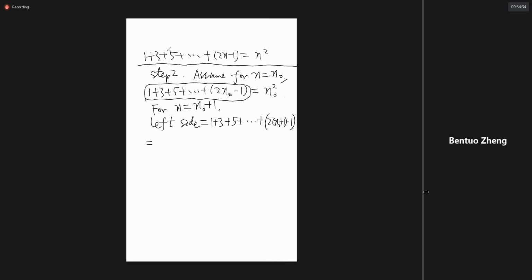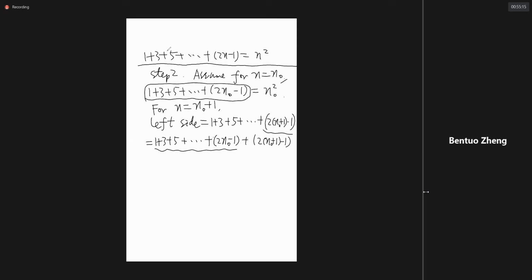So this is equal to 1 plus 3 plus 5, and the term before the last term is actually 2 times n0 minus 1, and then 2 times n0 plus 1 minus 1. I just write down the term right before 2 times n0 plus 1 minus 1.